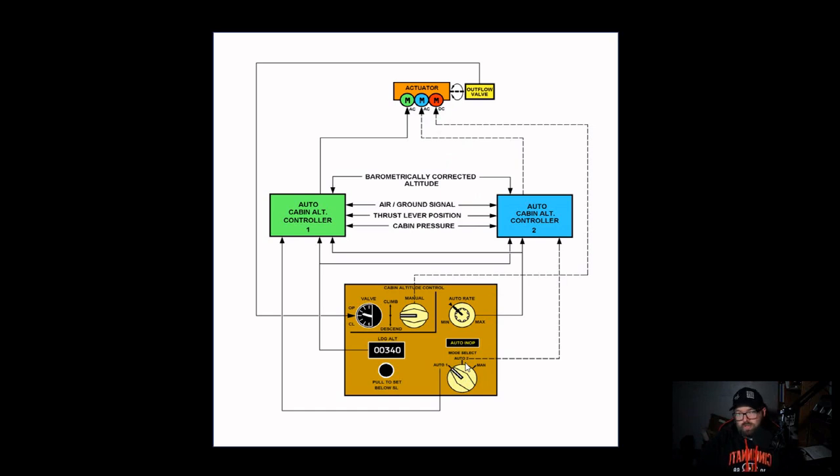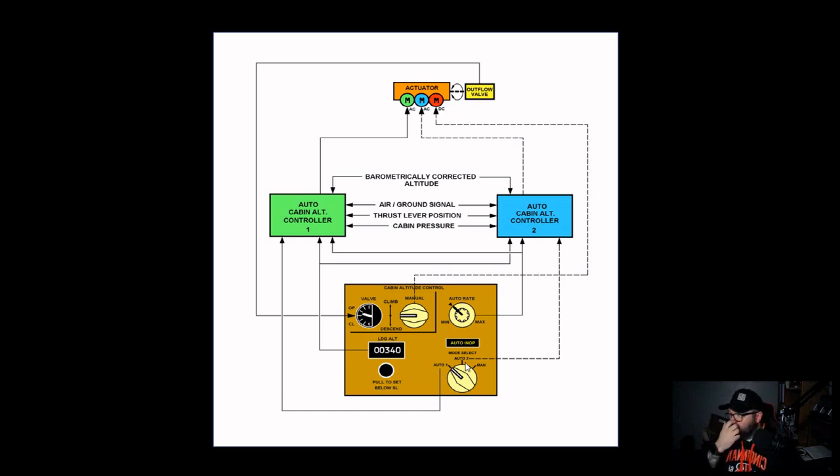In those controllers, there's a lot of things that happen. We have air ground signals, we have thrust lever position, we have cabin pressure, we have barometrically corrected altitude. It has to take in all those considerations to determine how far it actually needs to move that actuator to move the outflow valve to determine how much air it needs to let out to be able to maintain that pressurization.